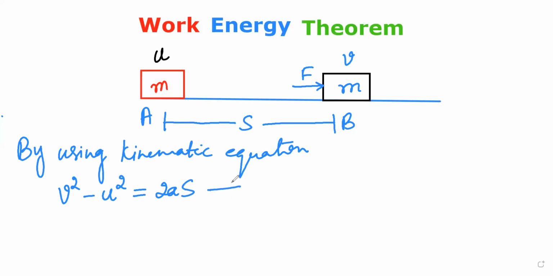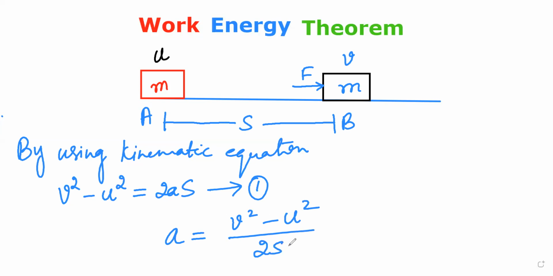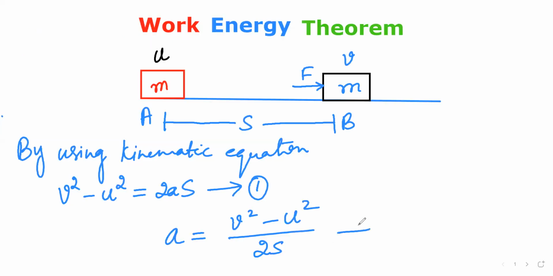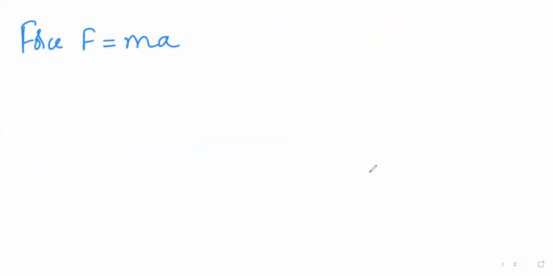Let me call this equation number 1. Now I can solve this further as A equals V square minus U square divided by 2S. As I said, the force acting on the body is F equals ma, taken from Newton's second law of motion. We'll call this equation number 2 and the previous one equation number 3.